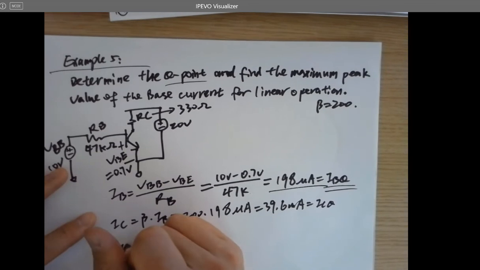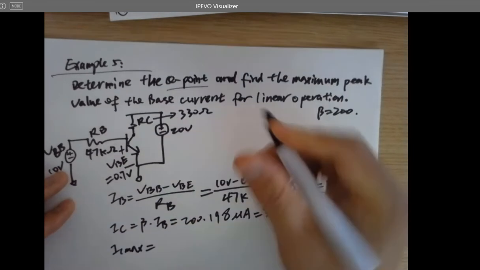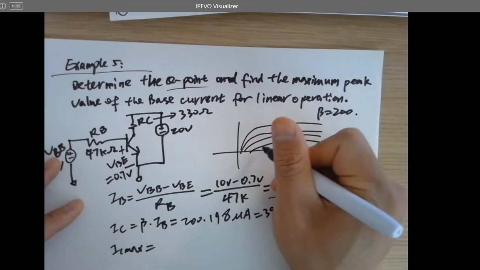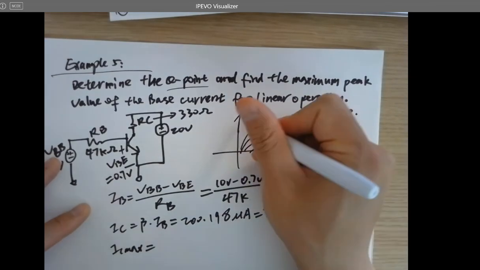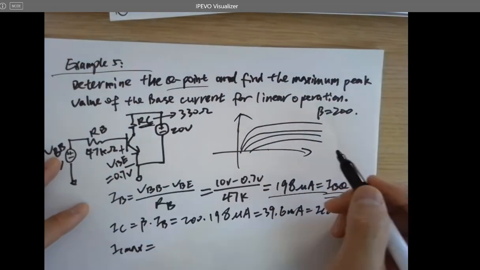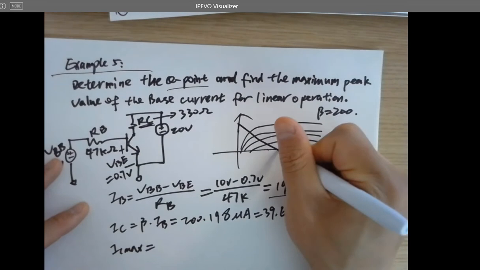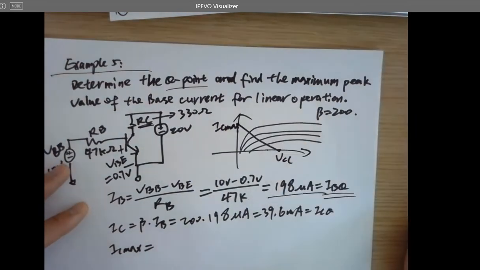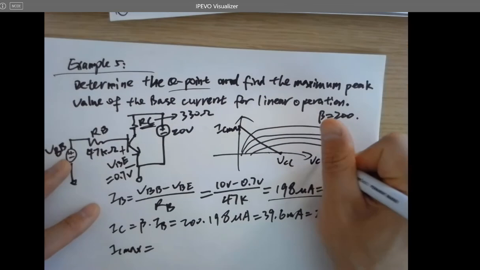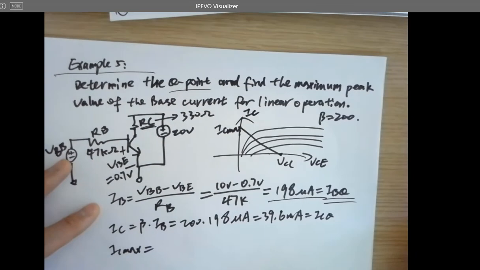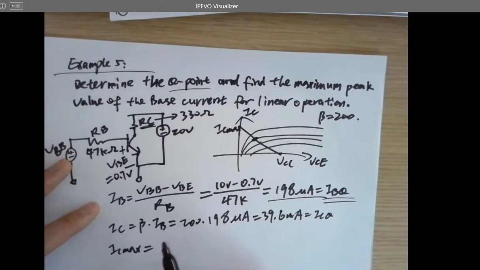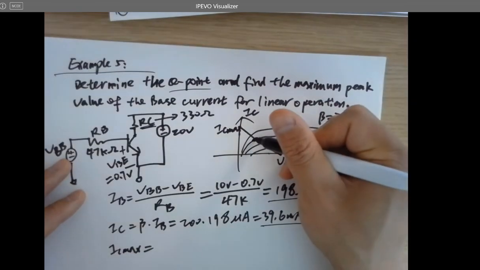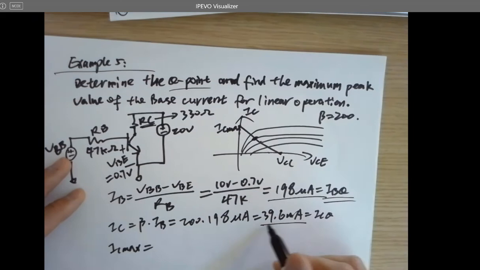So what is IC max on the curve? You know, all these curves. You have the load line, because you have an RC or RL, doesn't matter. Here's IC max. Here's VCC, VCE over IC. So there's a Q point. So the Q point is 39.6 milliamps. And how can you know the position of this current?